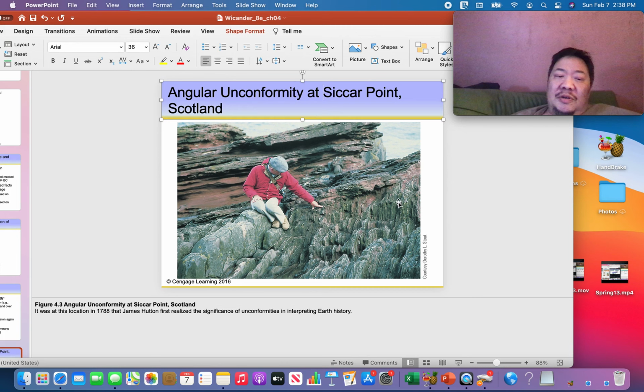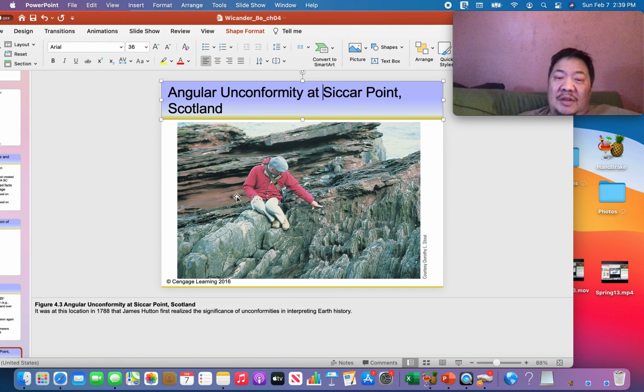Here, Hutton noticed you have sedimentary beds, we call sedimentary layers beds, and they are tilting almost vertically. However, on this surface where this geologist in the red jacket is sitting, you see a change. The sedimentary beds are dipping.